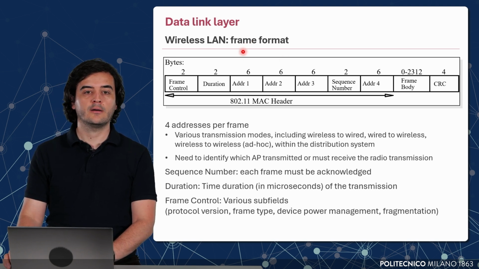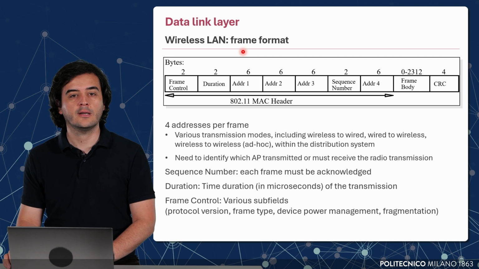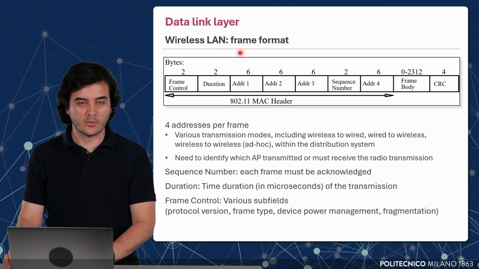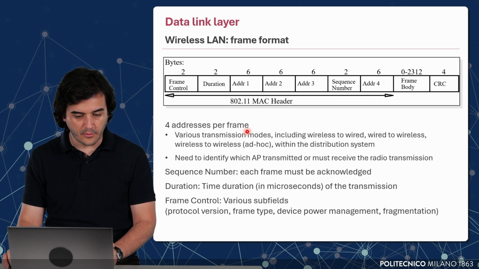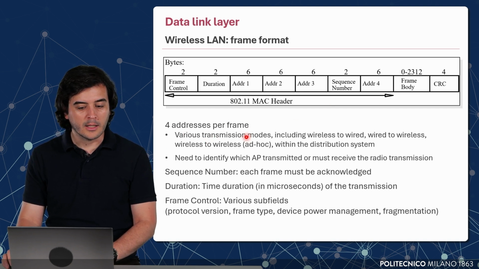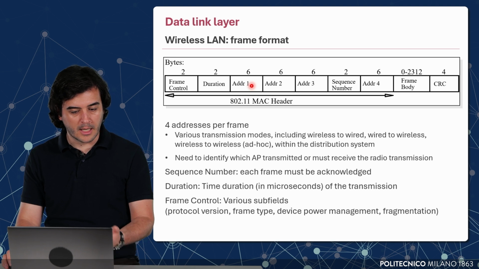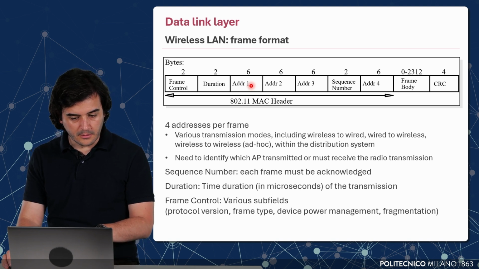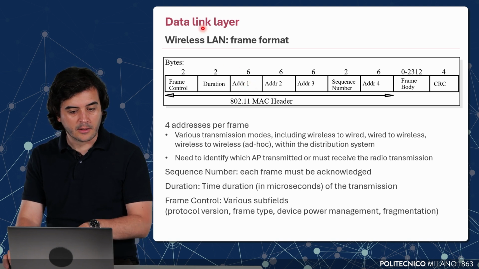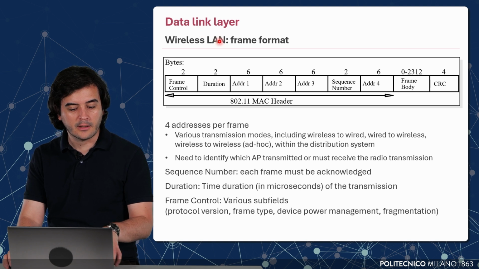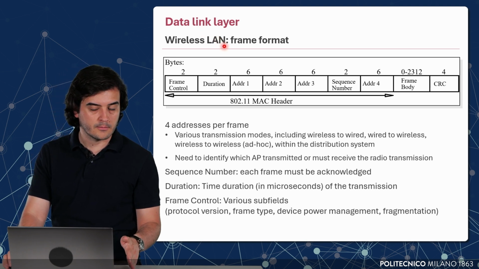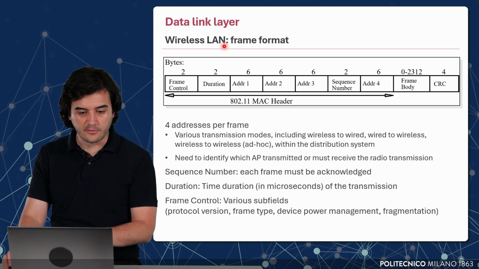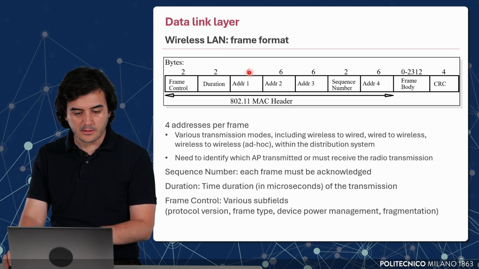In the same way we identified it for the Ethernet, we define it also for the wireless LAN. The logic is more or less the same, so there are 4 addresses per frame. It is important to mention that, since we are referring to the data link layer, the data link layer identifier is the MAC address.